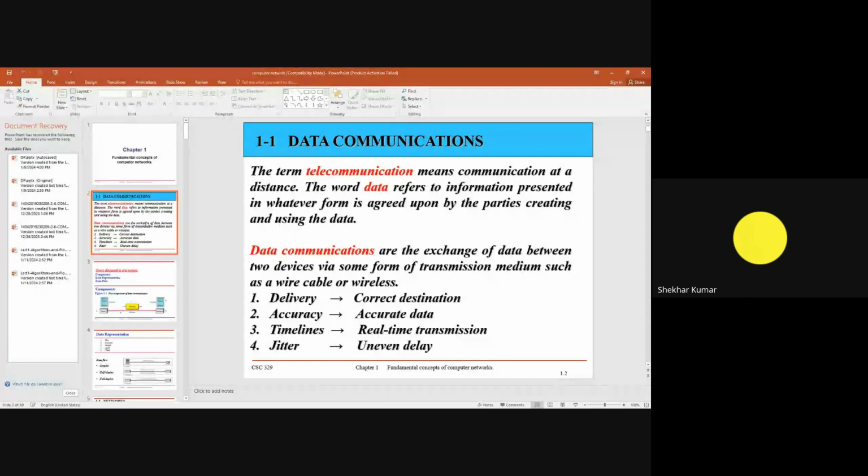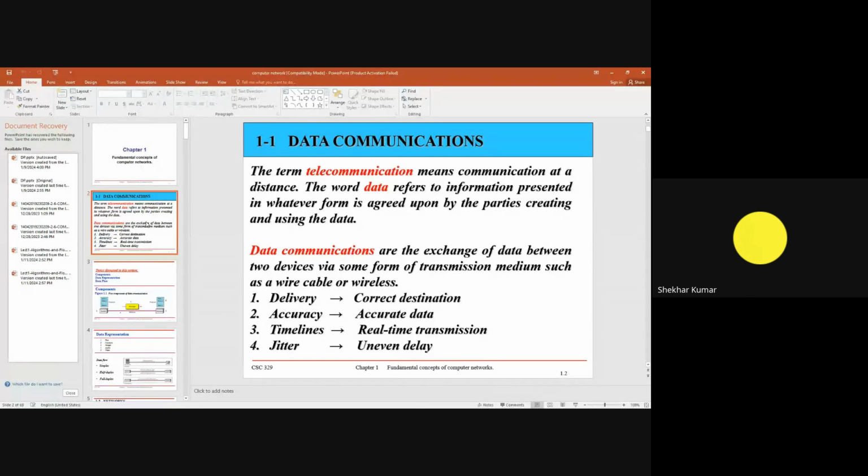That medium may be anything: analog, digital, with the help of cable or wireless medium. Then there are the factors: delivery, what is the accuracy, is the data accurate or not, is it the correct destination or not, is the data transferring in real time or not, or is there any delay in the transmission.